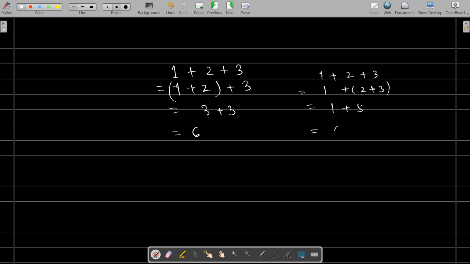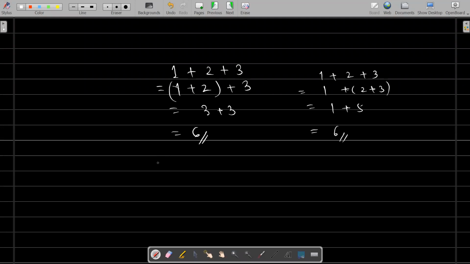See that nowhere am I changing the order, I'm not making A plus B into B plus A. And in both cases, our answers are same. That is just because of associativity. So I can define addition of 3 numbers, 4 numbers, 5 numbers, and more generally n numbers.